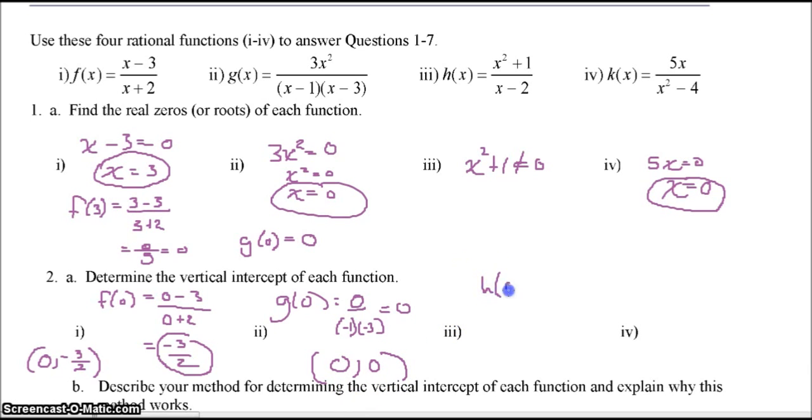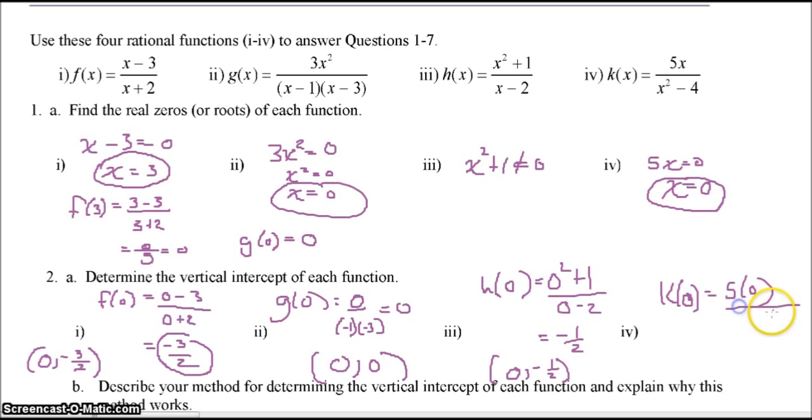Here h of 0 would be 0 squared plus 1 over 0 minus 2, negative 1/2. There's my vertical intercept. I could write it as the point 0, negative 1/2. For k of 0, it is 5 times 0 over 0 squared minus 4, which is 0.